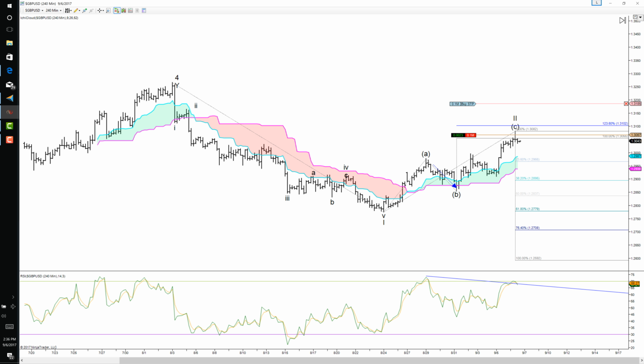It doesn't mean that this price can't go up. However, based off of the divergence that I see here, as you can see, this particular part of the RSI is higher than this particular part of the RSI.